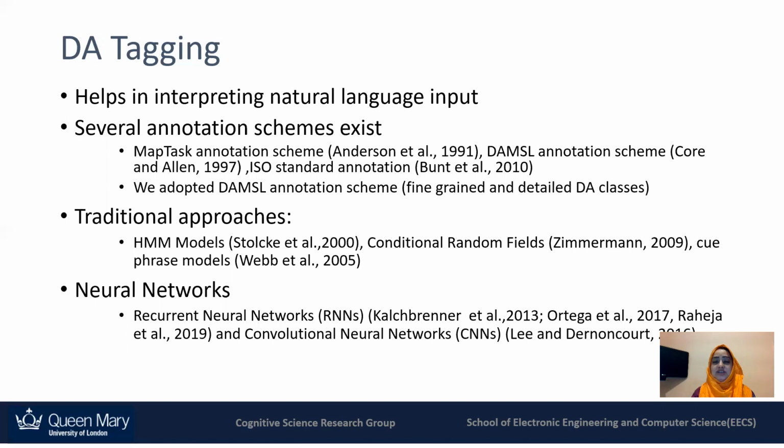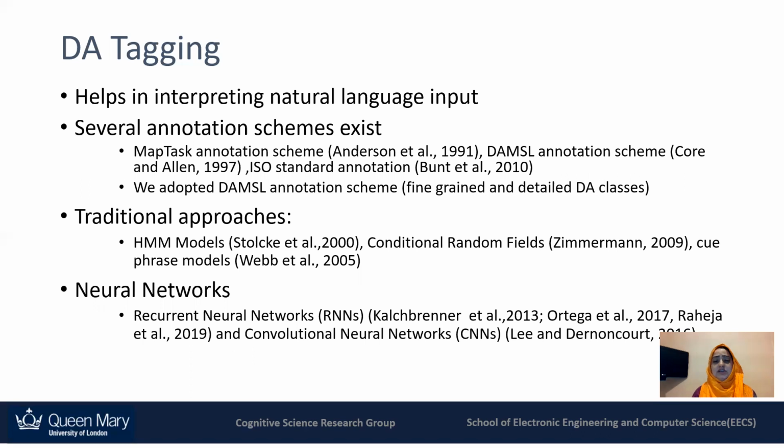Then the DAMSL annotation scheme comes with 42 dialogue tags, and we have used this one. And then the ISO standard annotation scheme is a universal annotation scheme used with 9 dimensions. We adopted the DAMSL annotation scheme due to the fine-grained and detailed dialogue classes it contains that we are interested in.